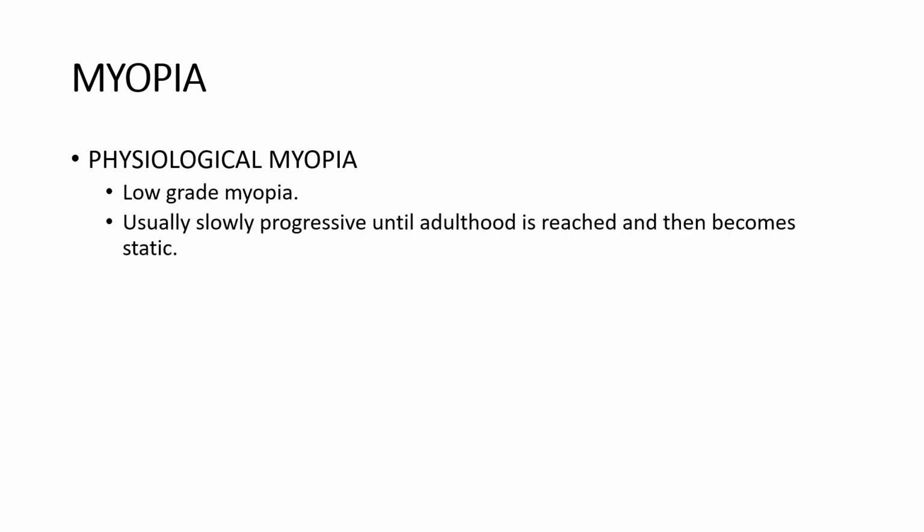So physiological myopia is just to differentiate it from pathological myopia. And this is a low-grade myopia of less than -6 diopters, and it is usually slowly progressive until adulthood is reached, and then it becomes static.